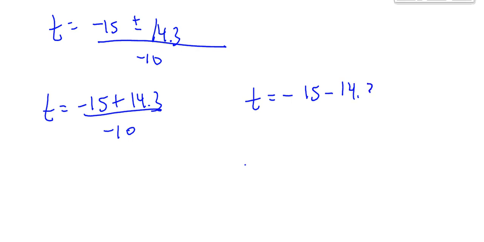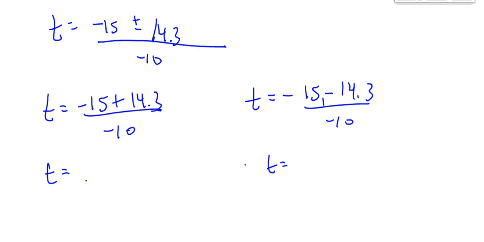Anyway, once I know that it was the square root of something and I got 14.3, now I have negative 15 plus and negative 15 minus, so I split into two different answers, one with plus, one with minus, and then I do two little separate pieces of math here. So negative 15 plus 14.3 equals, divided by negative 10.